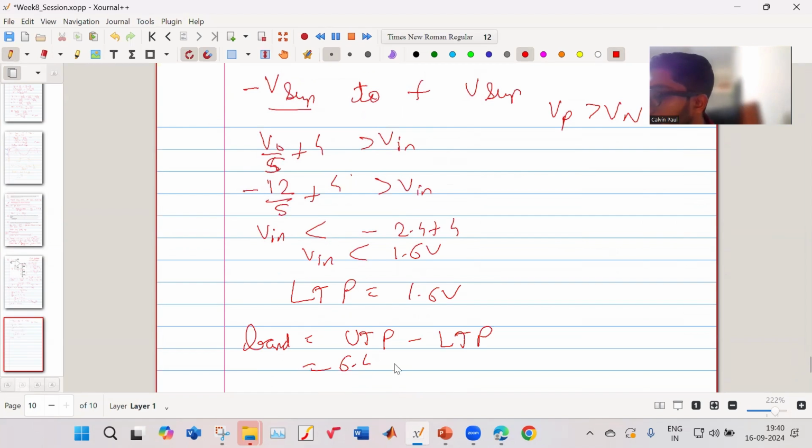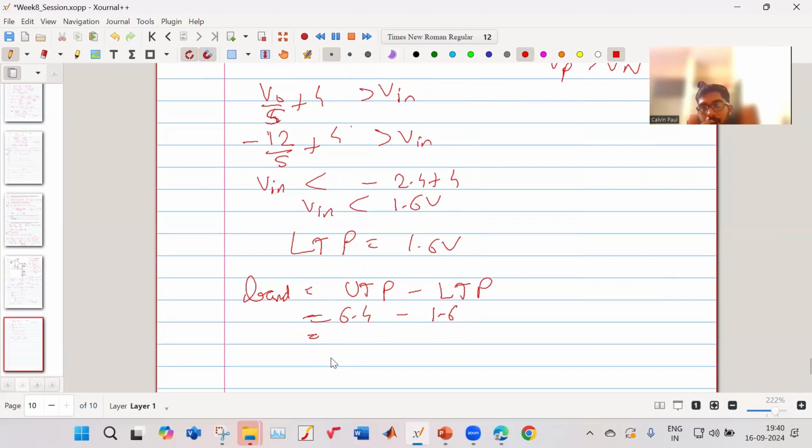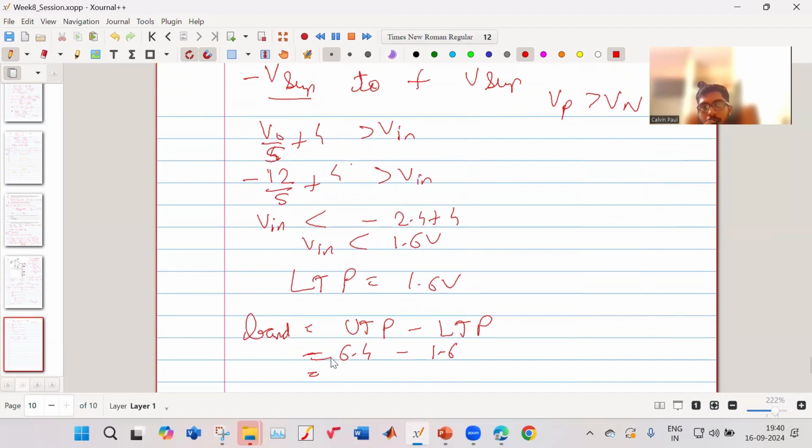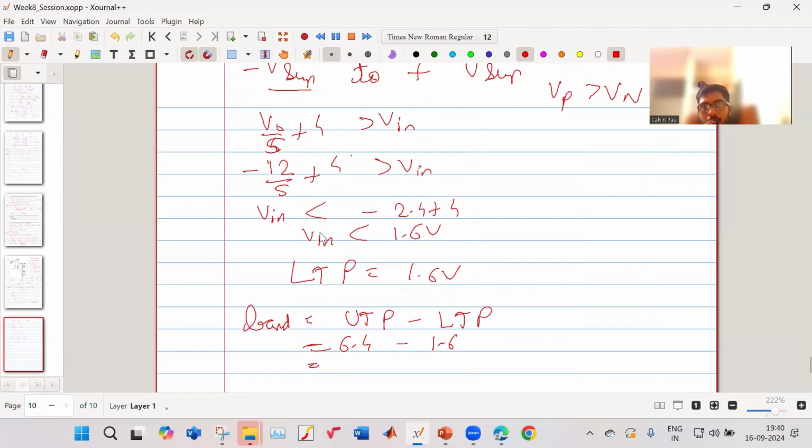That is 6.4 minus 1.6. So how much is this value? So this is 4.8 volt. Correct.